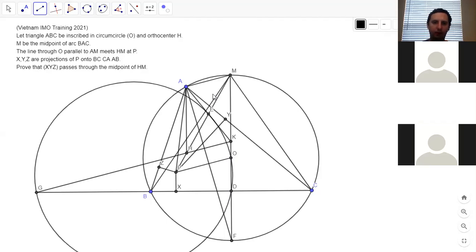Yeah, it's not obvious to me why it's cyclic. It's from Taiwan PST. Okay.